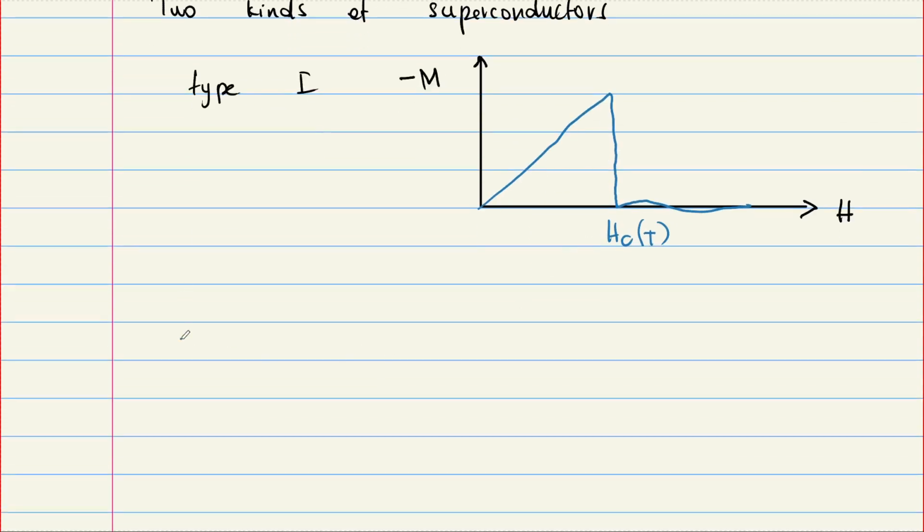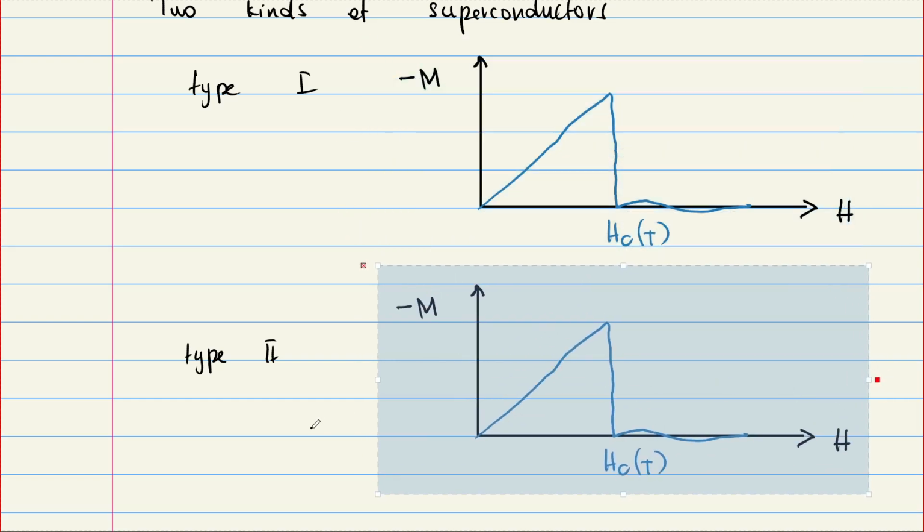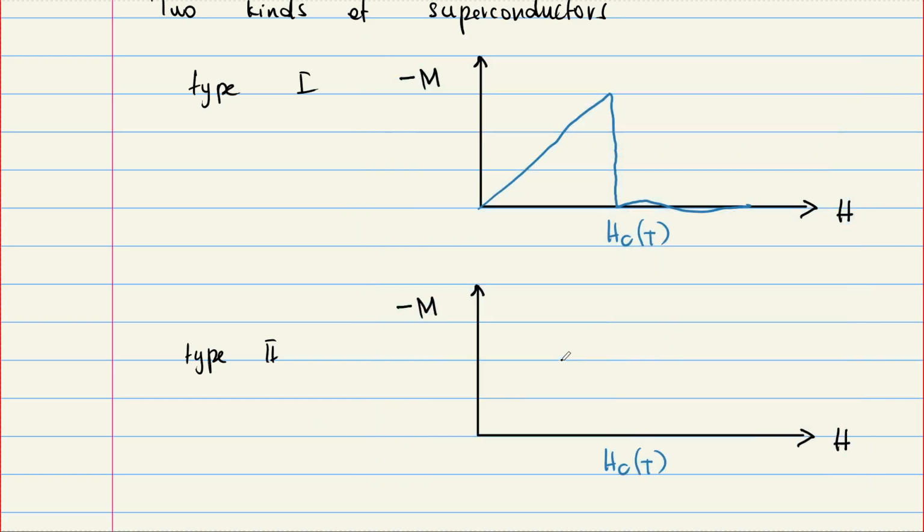Whereas type 2 is very similar. Let me erase that. So you increase until HC1. So this is HC1. And after HC1, you start decreasing, but you still have a superconducting phase.